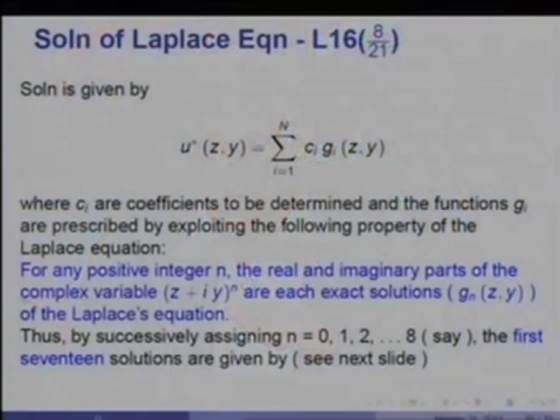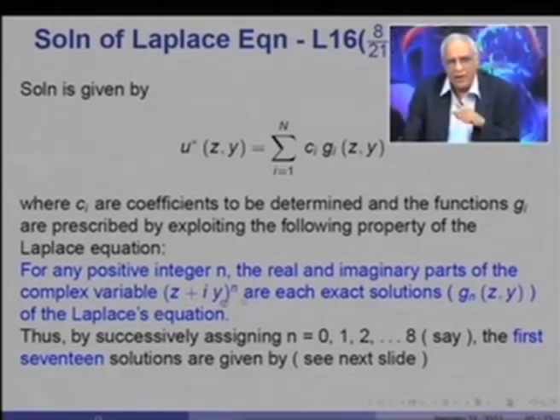For any positive integer n, the real and imaginary parts of a complex variable z plus i y raised to n are each exact solutions of the Laplace equation. So, if I assign successively values n equal to 0, 1, 2, 8 etcetera, I would get the first 17 solutions which usually suffice for most complex geometries.